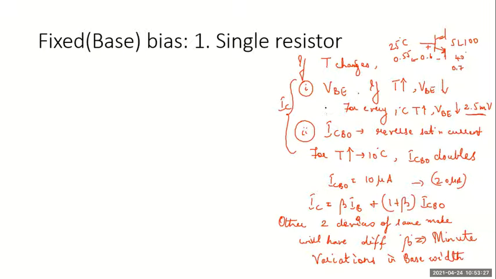The other reason is that no two devices of the same manufacturer will have the same beta. So all these things put together will cause what?